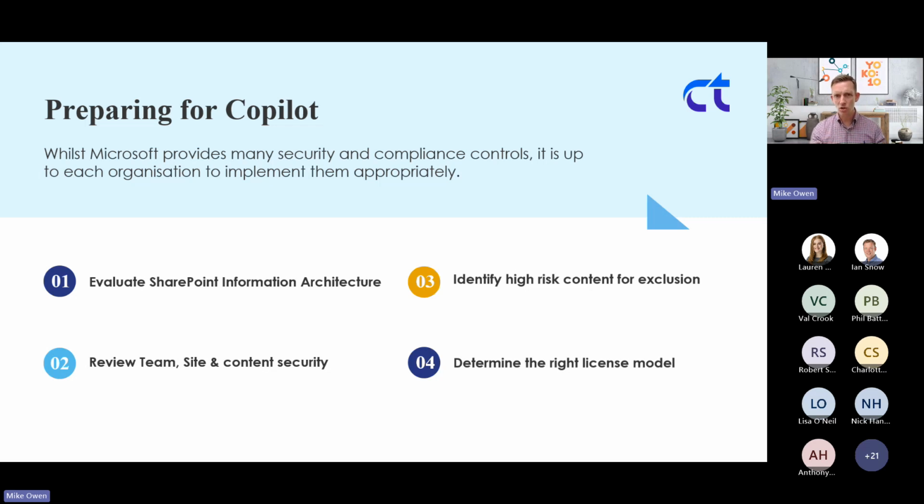If we want to exclude certain areas from Copilot for the majority of users, that's where the security model comes in. If we want to secure it even further, that's where our Purview sensitivity labels will come in. Because regardless of who we try and share that data with, if the Purview label says only a fixed group has access to it, then only that fixed group has access to it, regardless of who I try and share the content with.